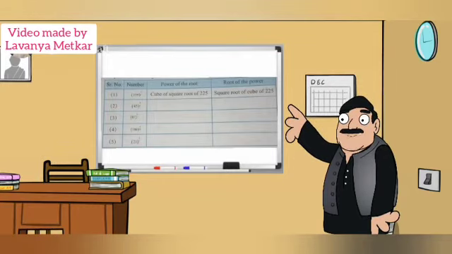Wait, let me solve the first sum so that you will understand it. The first question is 225 raised to 3 upon 2. The power will always be the numerator. So in the numerator 3 is there, and 3 we write as cube.